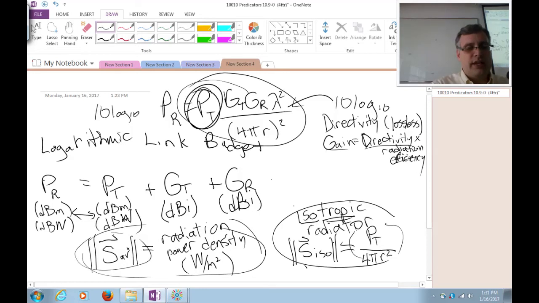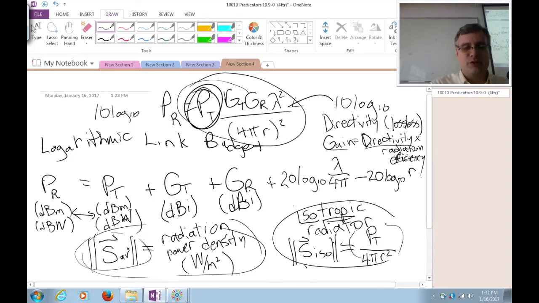So in classical propagation theory, what we do is we take 10 log base 10 of pi squared over 4 pi squared, or we just write that as 20 log base 10 of pi over 4 pi. And then we'd have minus 10 log base 10 of 1 over r squared, or if you want to write it, minus 20 log. Great. Everybody understands their logarithmic math.